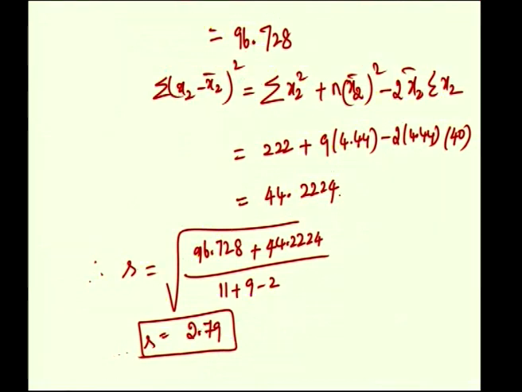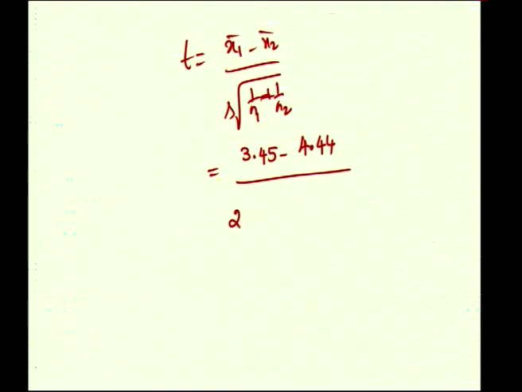Therefore, now T is equal to x1 bar minus x2 bar by S into root of 1 by n1 plus 1 by n2. Substitute x1 bar value, 3.45 minus 4.44 by S, we have just now found out 2.79, into root of 1 by 11 plus 1 by 9, which is equal to this value, 0.789.